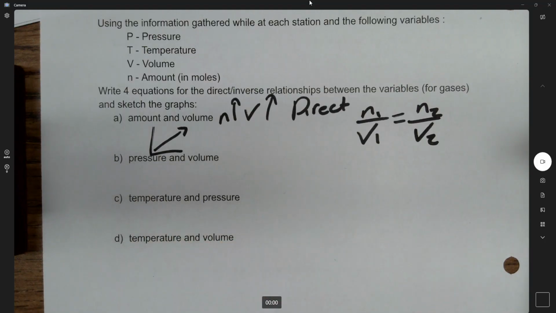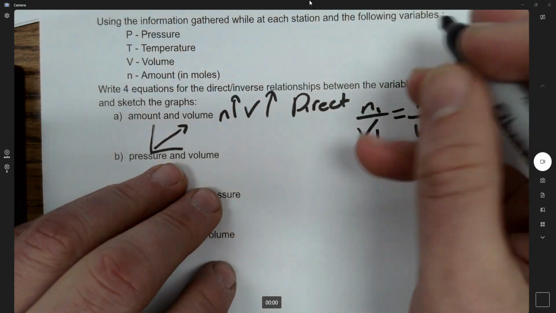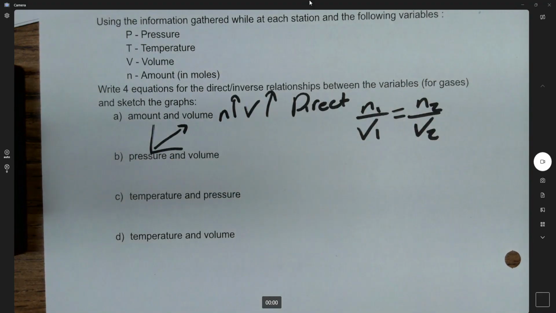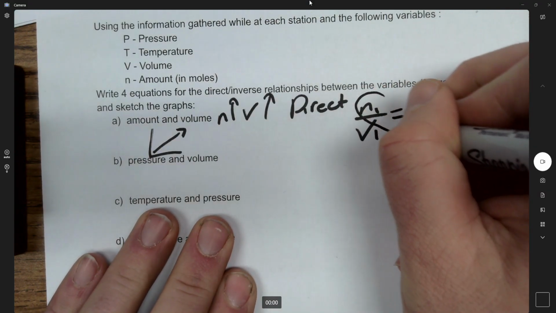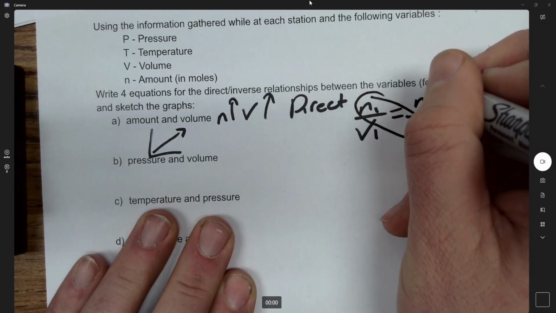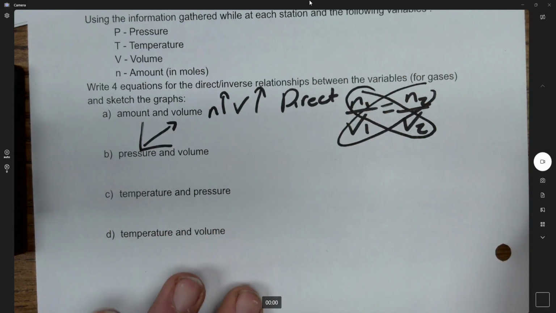Now, I'm going to make this simple. This is not the equation I want you to focus on. This is how we set up our questions. Because a way to figure out your variables between 2 ratios is a process called cross multiplication, where I multiply my numerators and my denominators together.